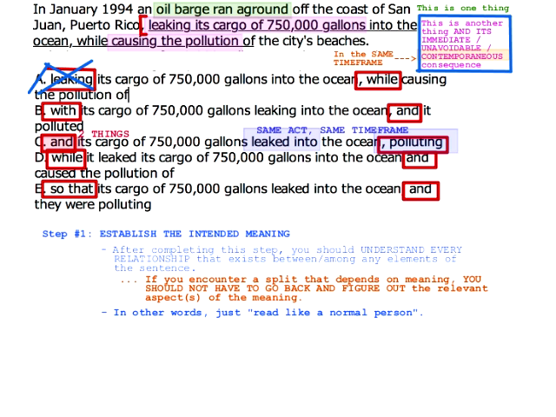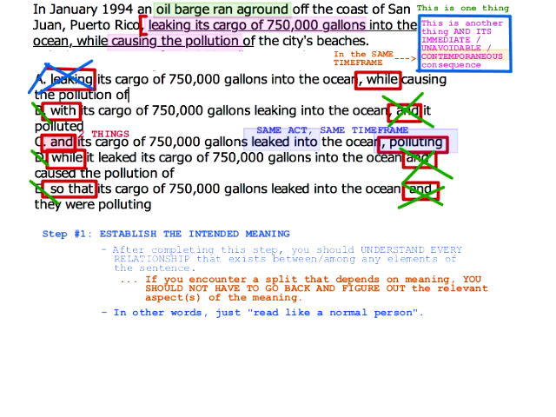Now, if you look at the rest of these things, these ands don't work for the same reason that comma ing does work. Actually, all three of these are out for the same reason. Because it implies separateness of the action of polluting from the action of leaking oil, which doesn't make sense.